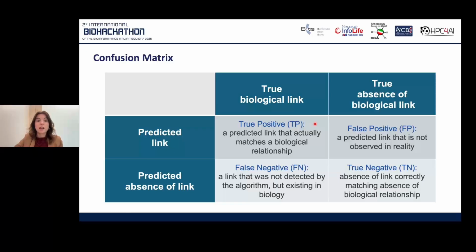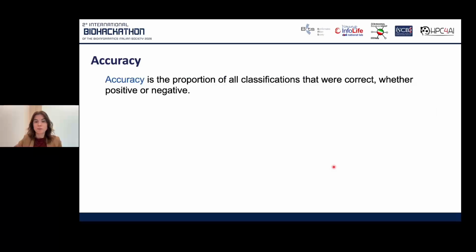False positives are those links that were predicted but were not observed in reality. False negatives are links that were not detected by our network, but they actually exist in biology, while true negatives are those absences of links that actually do not exist in reality.